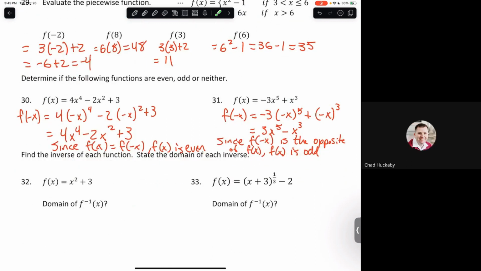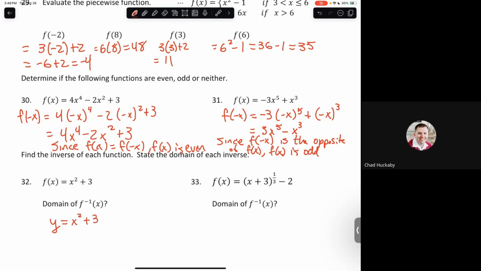All right. Last ones. So we first want to find the inverse of x squared plus 3. Well, that means we can start out with y is equal to x squared plus 3.